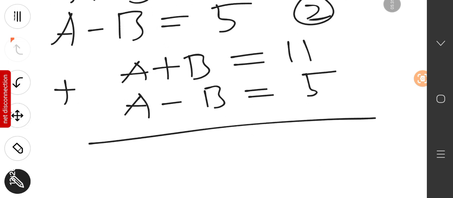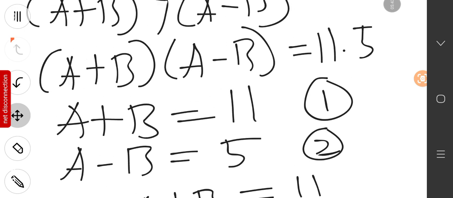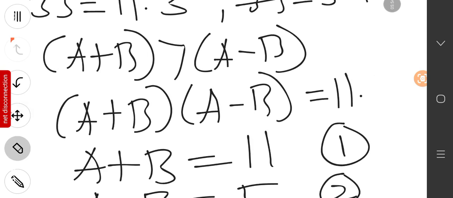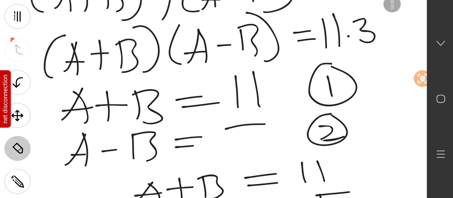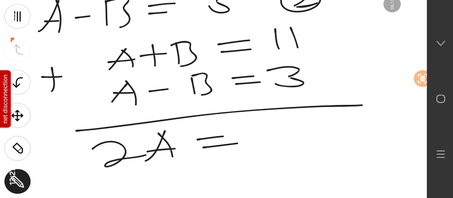So you have 2a equals 11 plus 3. So the equation becomes 2a equals 14.